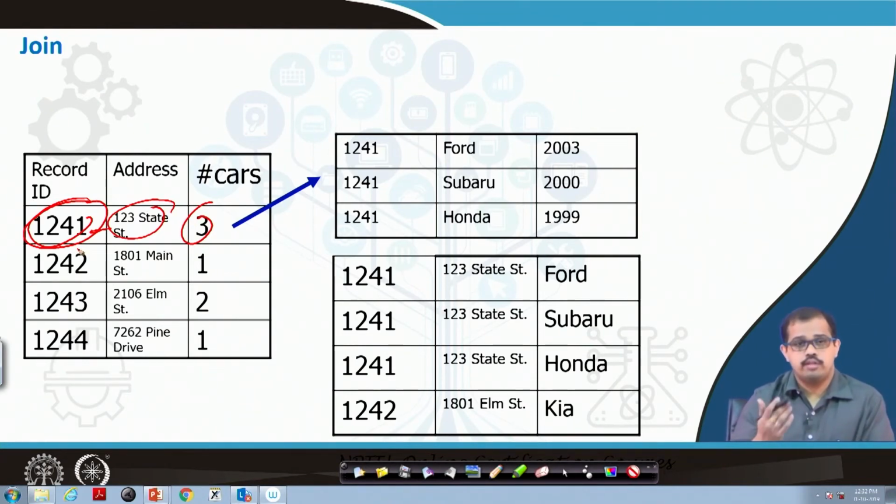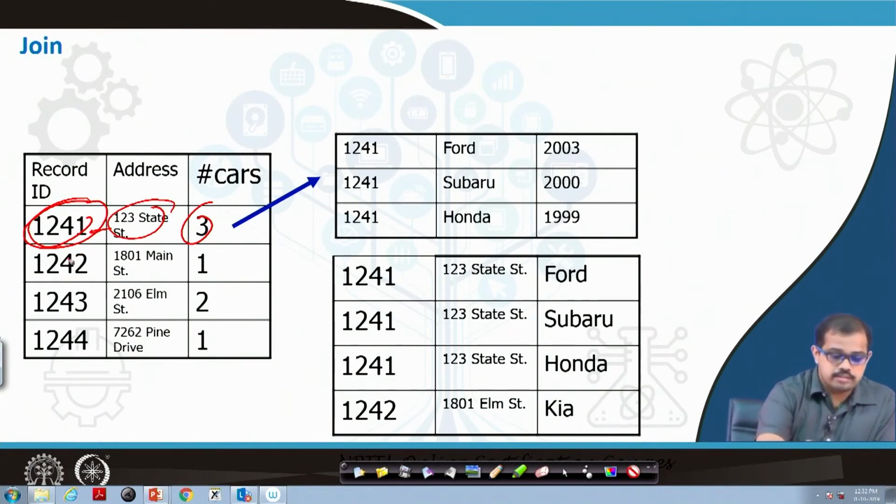A person with record 1243 has 2 cars, whereas a person with record 1244 has 1 car. Each of these records has different cars, but the very important point is that this is represented in the form of a geographical quantity, which means each of them has an address that represents a geographical unit on the earth's surface. So this is the record, this is the address, and this is the car.